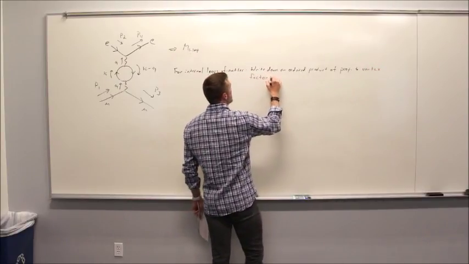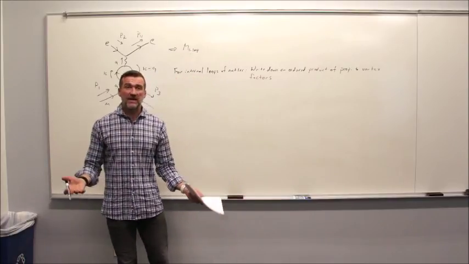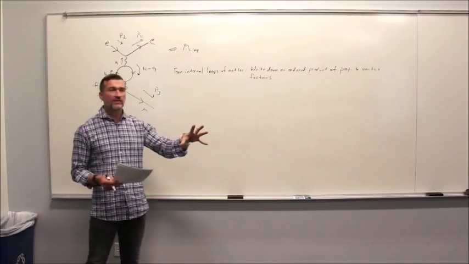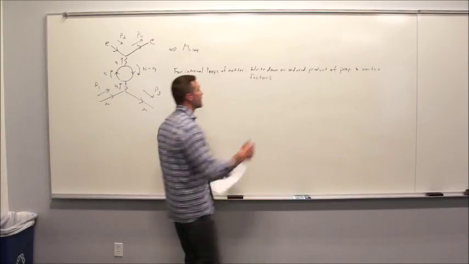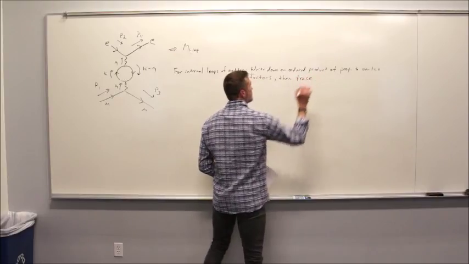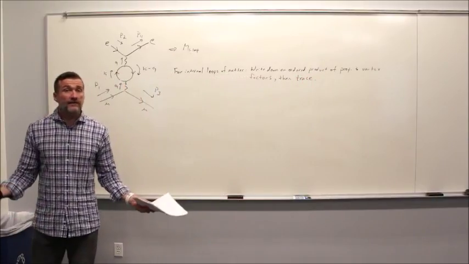So that's going to give me an overall matrix in spin space, because every propagator is a matrix in spin space, every vertex factor is a matrix in spin space, and then trace over it. And that'll create a scalar in spin space.